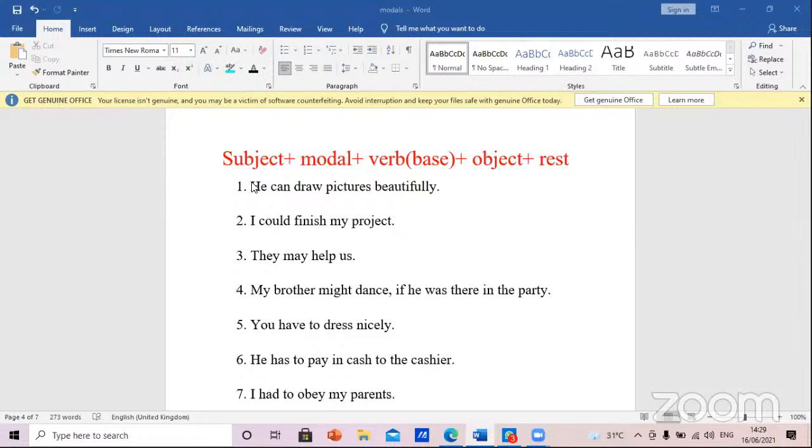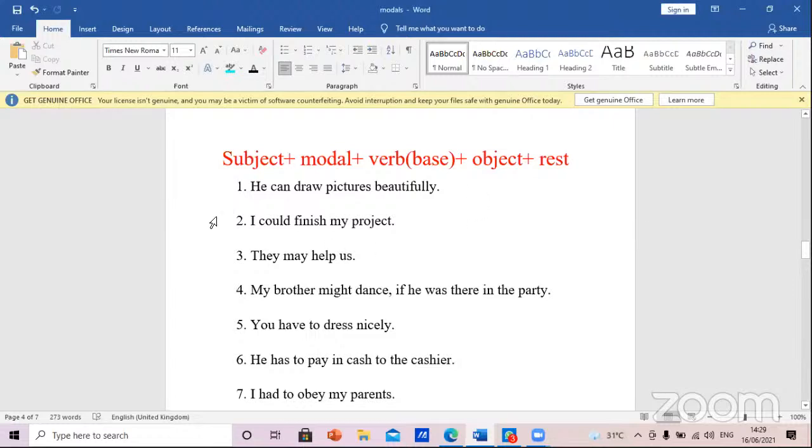He is the subject. The modal is can. The verb is draw. He can draw what? Pictures, so the pictures are the object. The rest, beautifully, is an adverb.